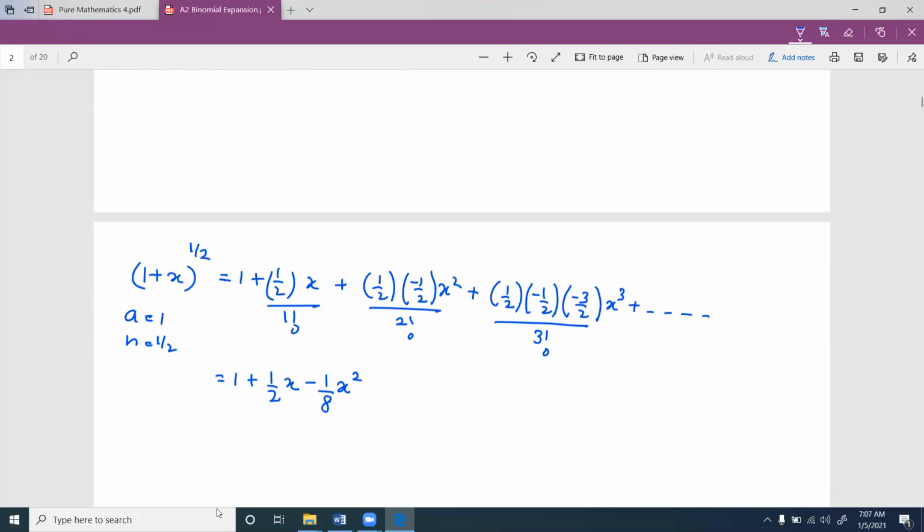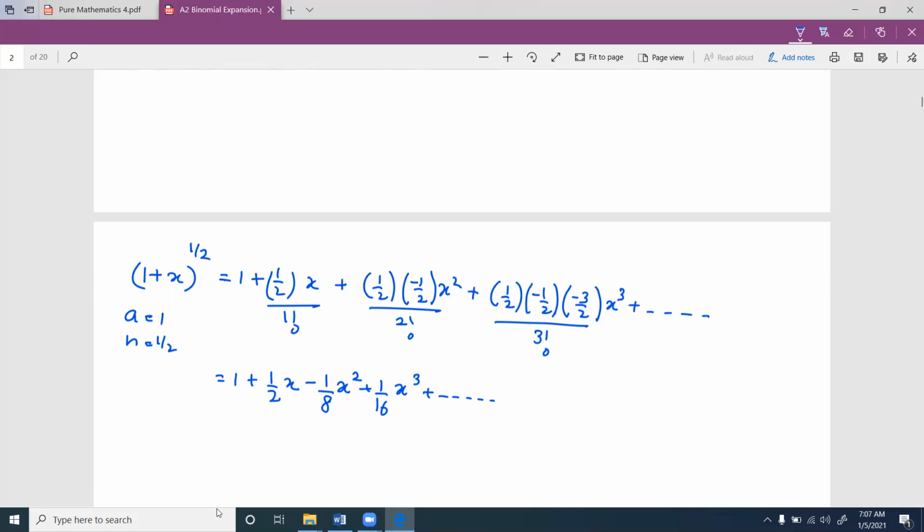I think you know how to include factorials in the calculator. So half into minus half into minus 3 over 2, that is 3 over 8, divided by factorial 3. Sorry, factorial 3, I just made a mistake. The answer is plus 1 over 16 x to the power 3. Like that, it goes up to infinity.